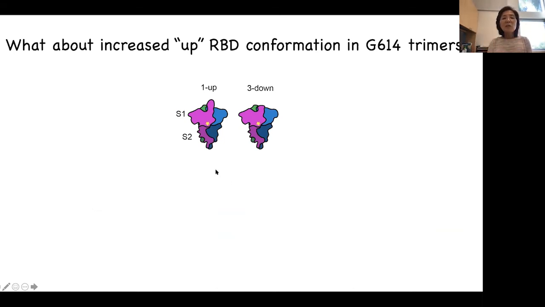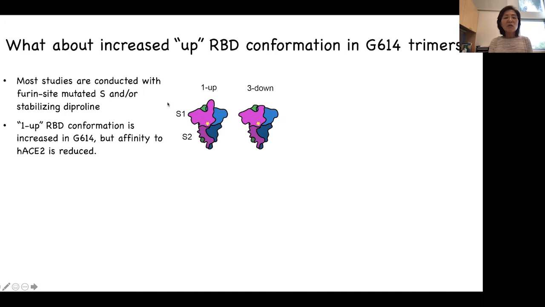Many people in high-profile journals reported that the one RBD up population is increased in the G614 trimer. The problem is, to make a trimer, all these people either mutate the furin site or introduce a stabilizing diproline in the S2 domain. And so their experimental design could not show the stability difference.